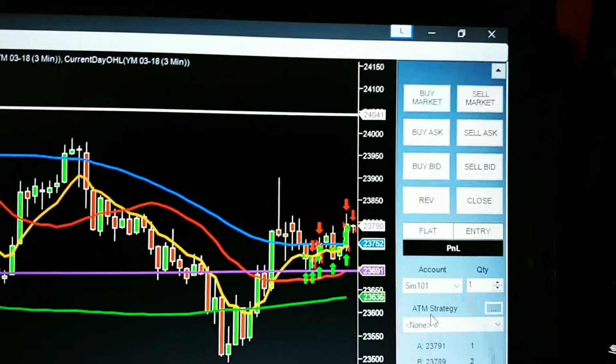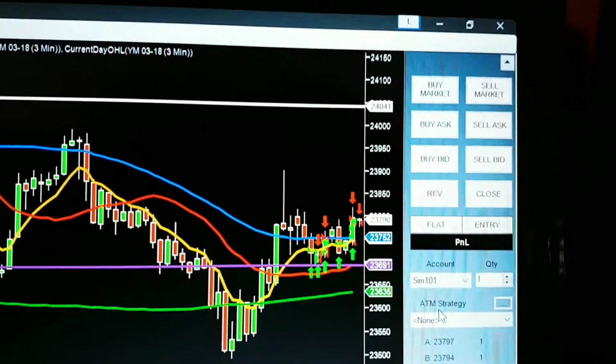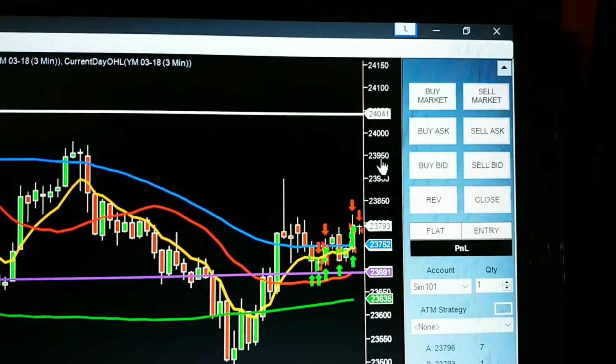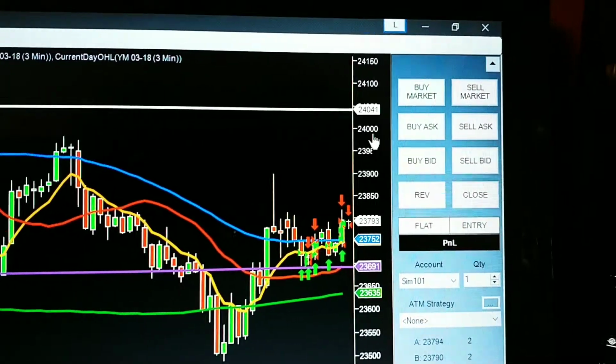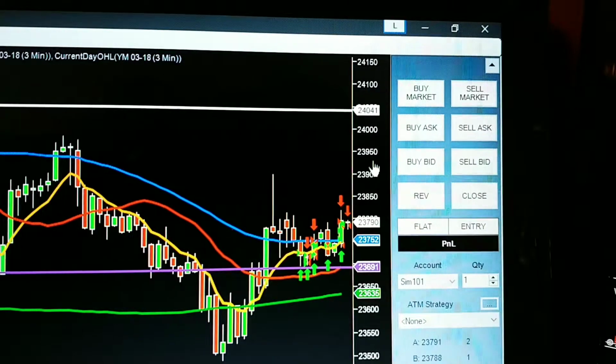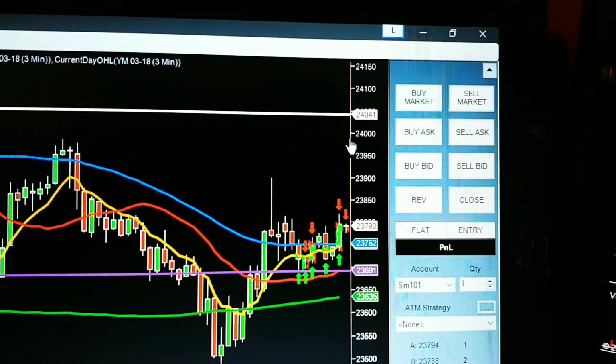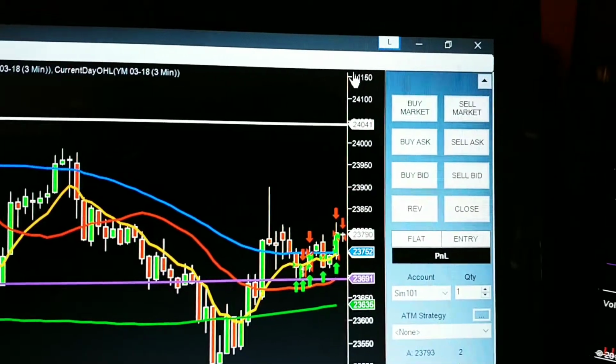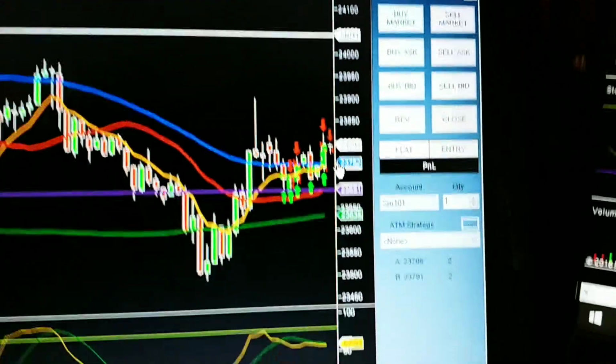So you just have to be real careful trading this volatile market. See the spacing between the numbers here, that just shows you how volatile the market is when you see it like this. Normally the points are really closer together, but because the market's been so volatile, it's like that.